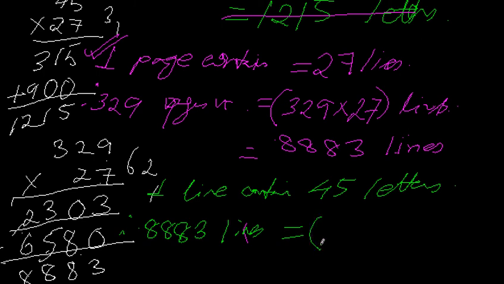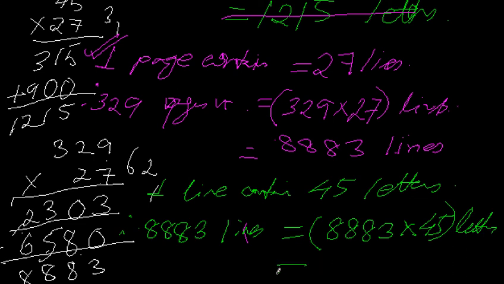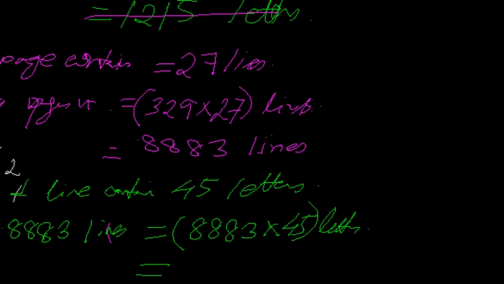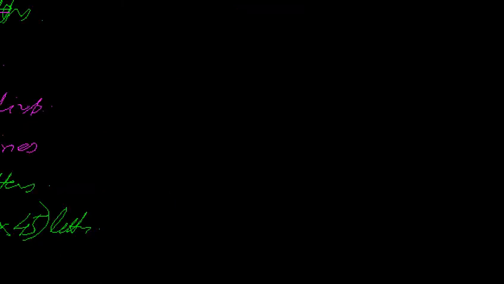That means 8883 into 45 letters, and we have to find the product of these two numbers. So let's do that in the rough area.